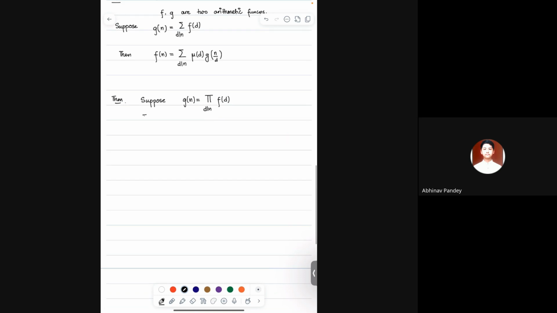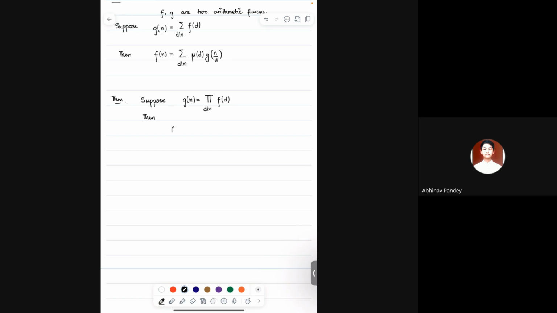Then, as you might expect, I can write down f in terms of g, but this formula will involve a product.